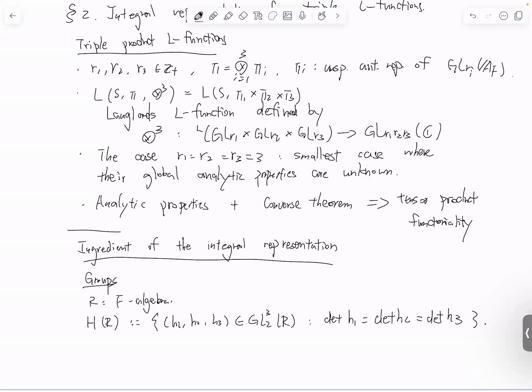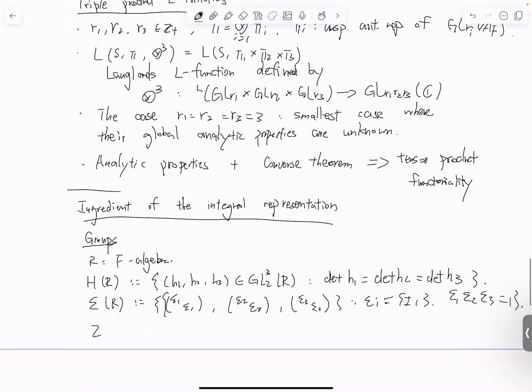And then I have this curly E, which is (ε1, ε1, ε2, ε2, ε3, ε3), which satisfies that the ε_i are plus or minus 1, and ε1 ε2 ε3 is 1.